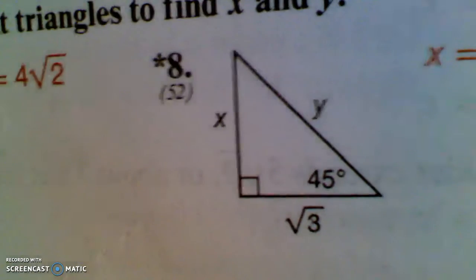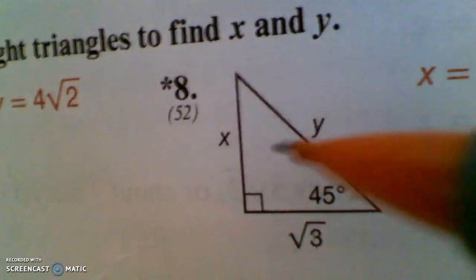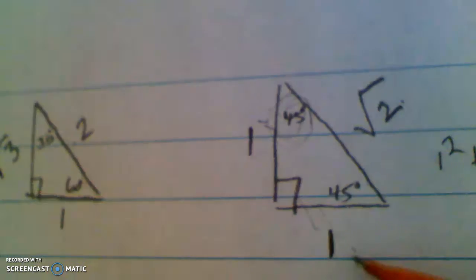So be aware of that. Yes, Kate. So it's always this side or that side times radical 2. And since this was radical 3, that's going to be radical 3 times radical 2. Alright.